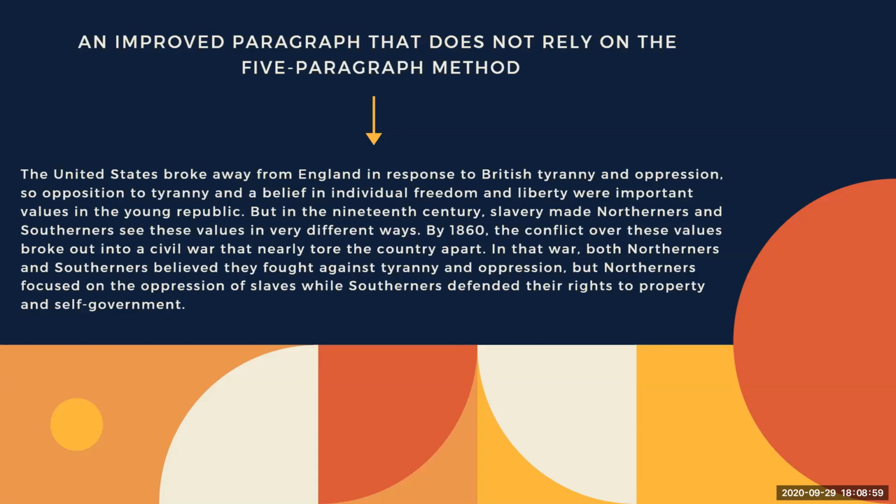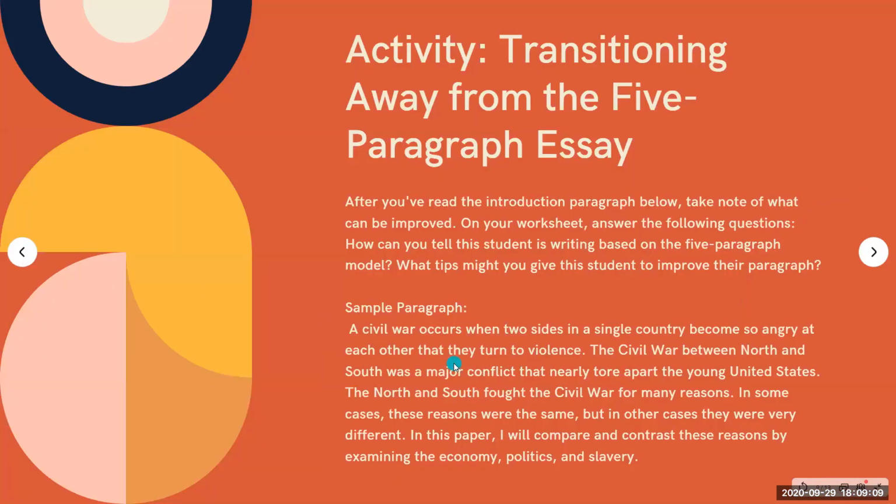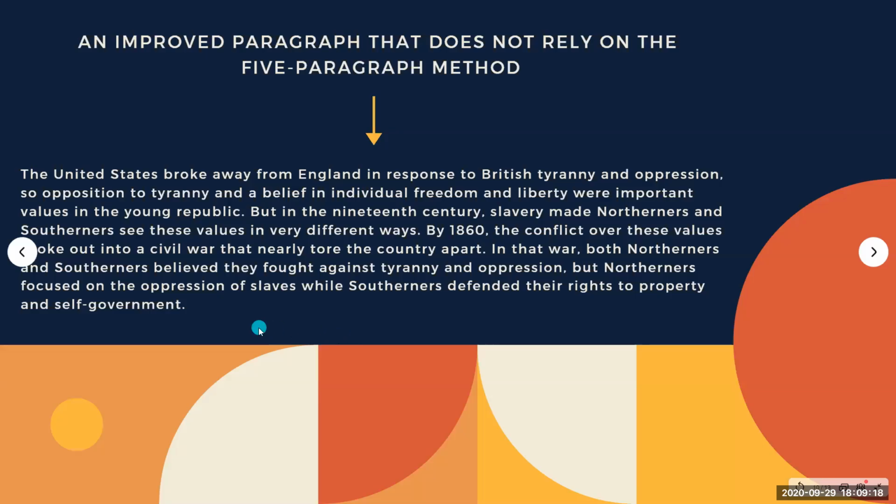So this actually gives the reader more of a preview of what they're going to be writing about, versus this is much more general and it doesn't let the reader know what exactly they're going to be talking about, except something about economy, politics, and slavery, versus I really understand where this writer is going with their argument.